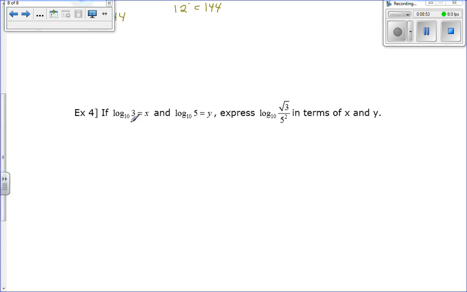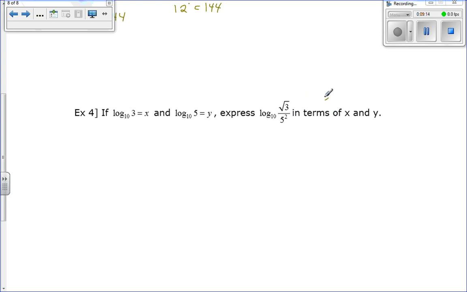If log base 10 of 3 is equal to x and log base 10 of 5 is equal to y, express log base 10 of the square root of 3 divided by 5 squared in terms of x and y. So basically what I need to do here is use my properties and expand.